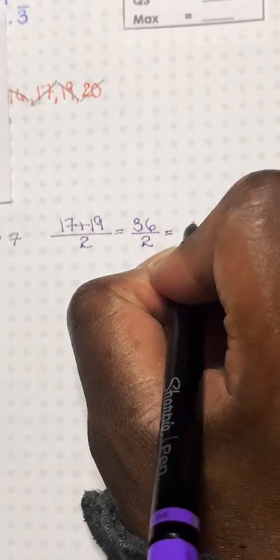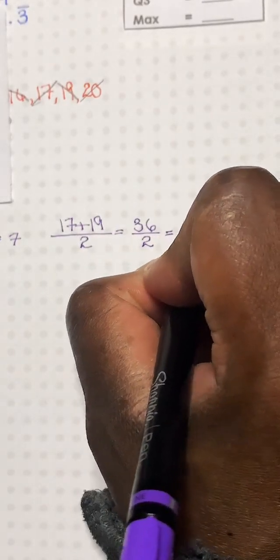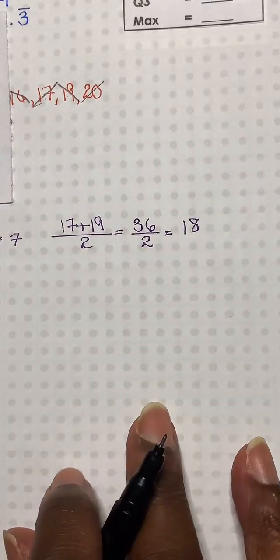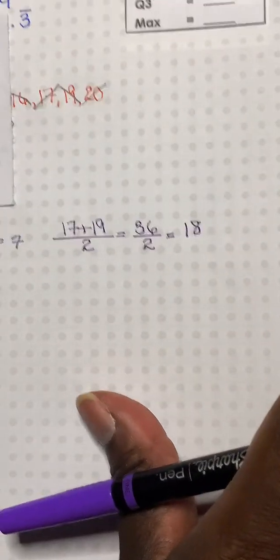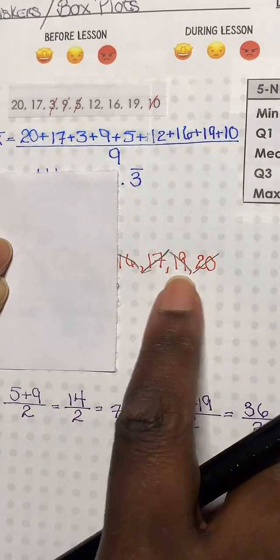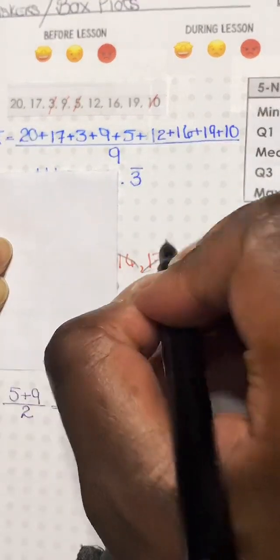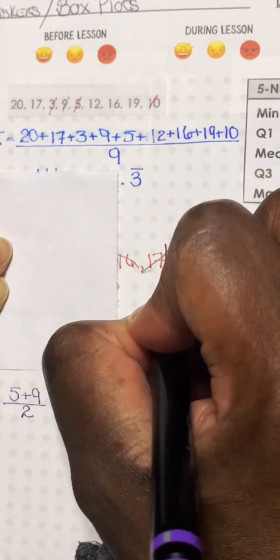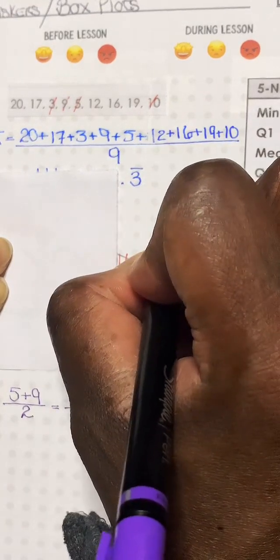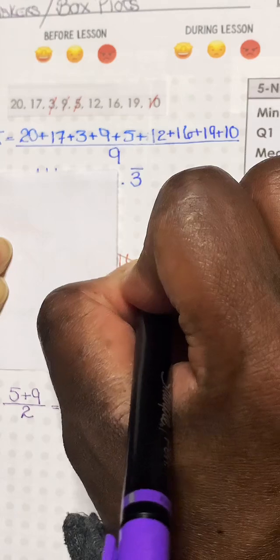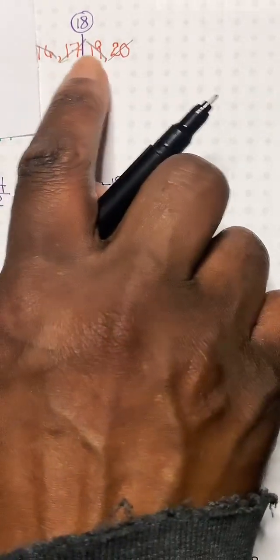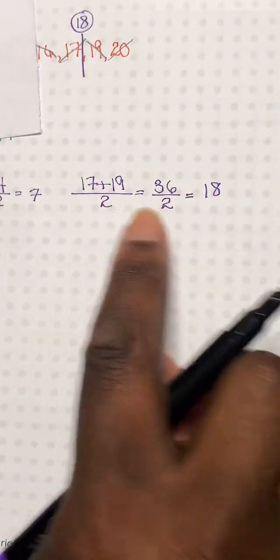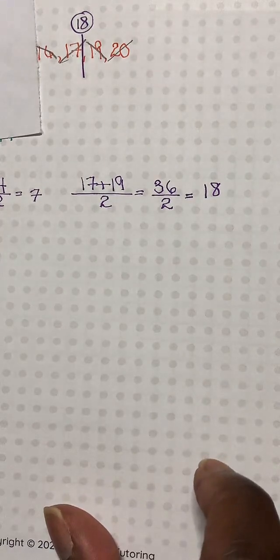All right, so that's 18. You could do it like this, or just think: we got 17, we got 19. What number will come right in between? That has to be 18. But if you get one of those teachers that's like, prove it, you just did it right here. Add those two numbers, divide by 2, and then you'll get your answer.